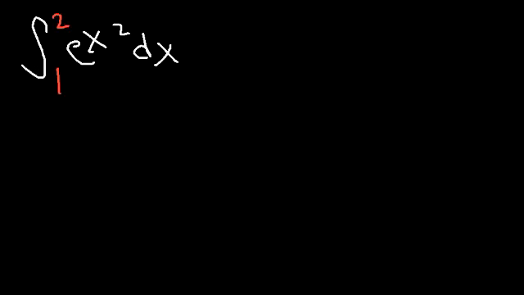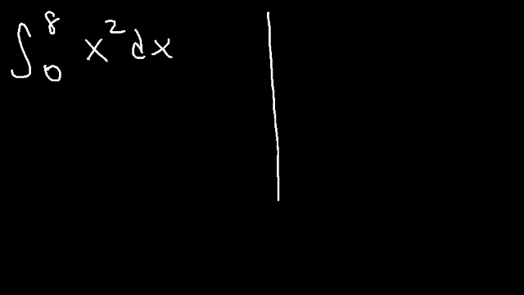Now sometimes you might not be able to evaluate the definite integral. For example, e to the x squared dx, let's say from 1 to 2, we can't integrate this function. However, we can approximate the value of a definite integral using Riemann sums. So how does that work?